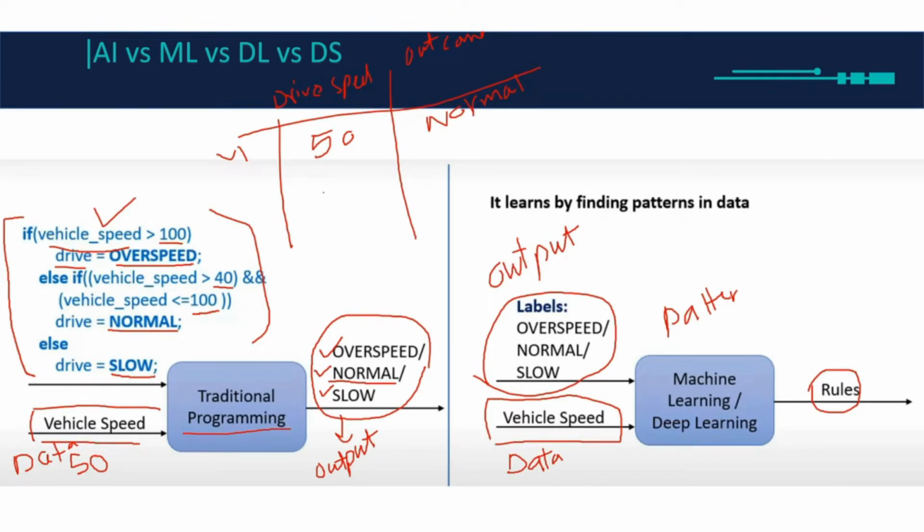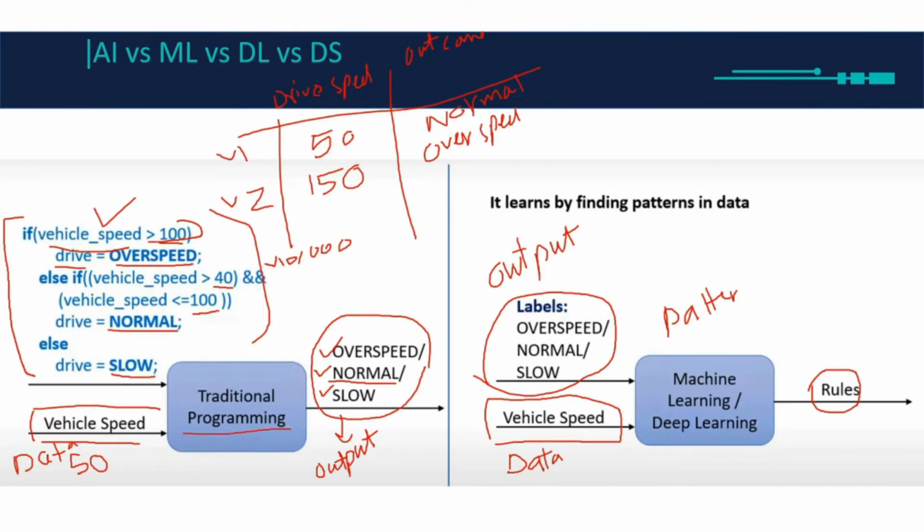Let's say I have 150. According to this rule, if the vehicle speed is greater than 100, then it's going to be overspeed, and so on. So this is vehicle 2, and so on. Let's say I have vehicle 1000 or 10,000.